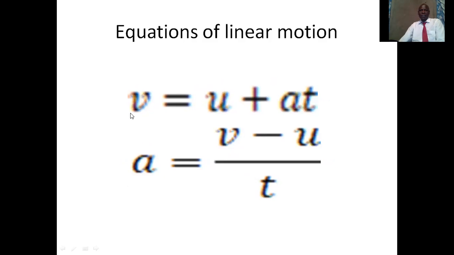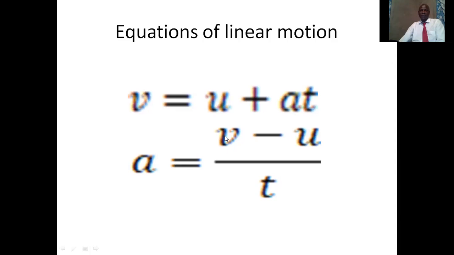The first equation states as follows: final velocity is equal to initial velocity plus acceleration times time, v = u + at. If we rewrite this equation and make a the subject of the formula, we find that acceleration is equal to final velocity minus initial velocity over time.